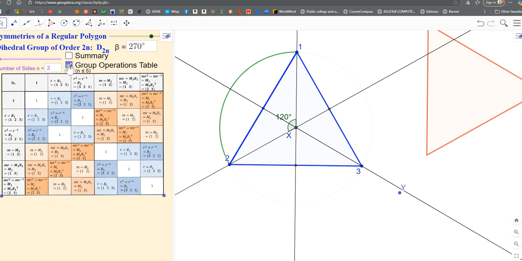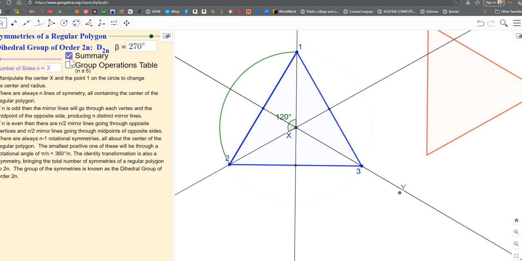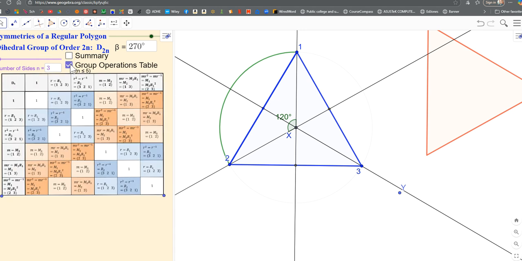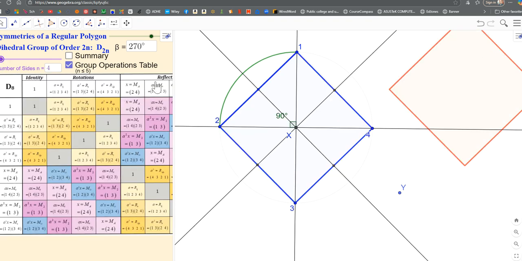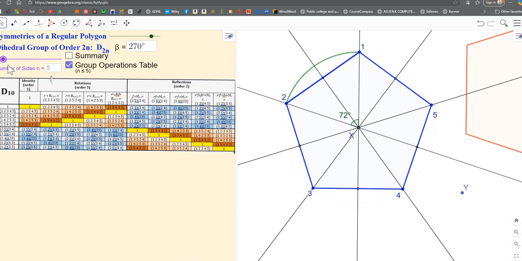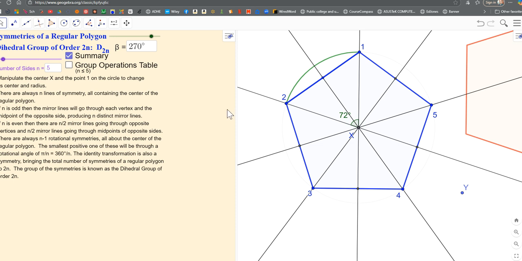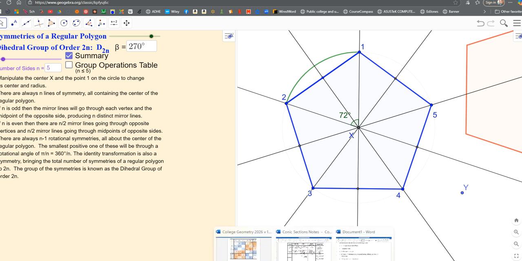There's the operation table for 3, 4, and 5. I don't go any beyond that, but there are the answers there. You can find those actually on my site where I have this.